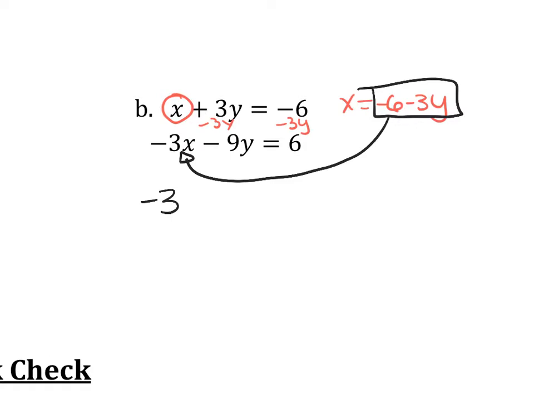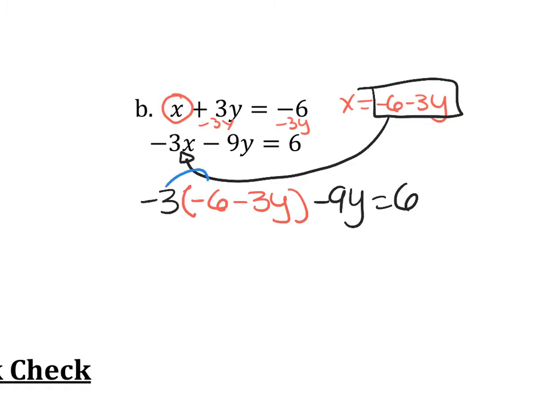So we'll have negative 3, parentheses, negative 6 minus 3y, minus 9y equals 6. It's a minus, because I haven't distributed, I just plugged it in right now. So then we distribute, a positive 18, and a plus 9y.